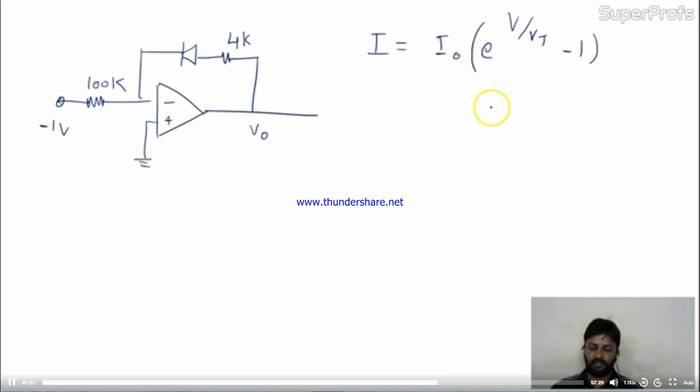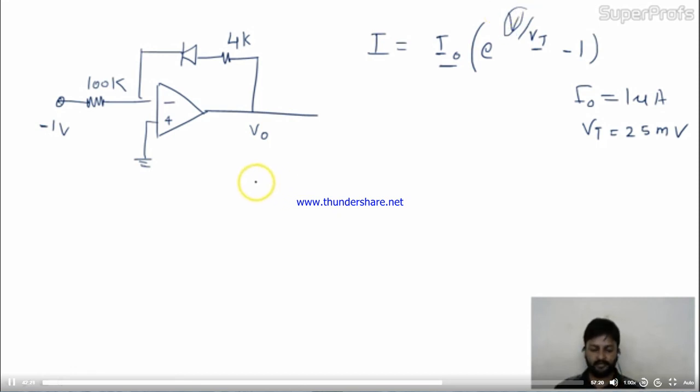This is given, where Vt is 25 millivolt and I naught is 1 microampere. We know this. And V is the voltage across the diode.